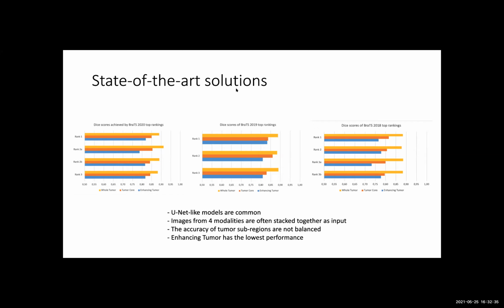So the UNet-like model has actually helped the winners of 2018 and 2020.